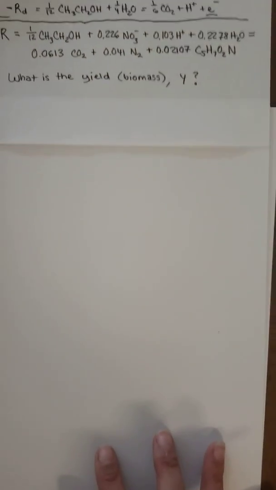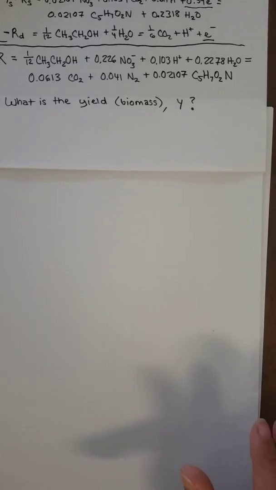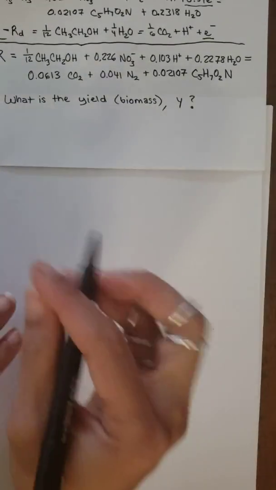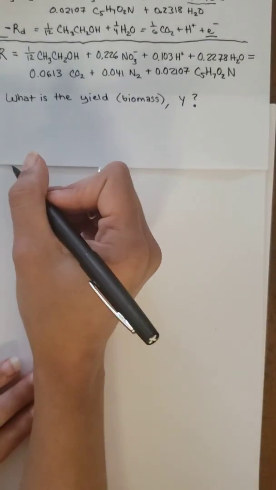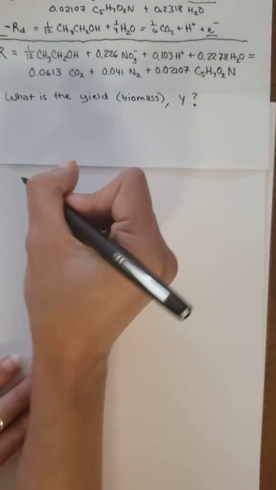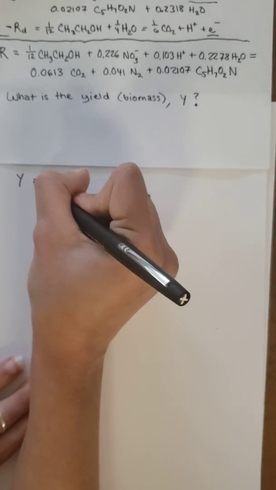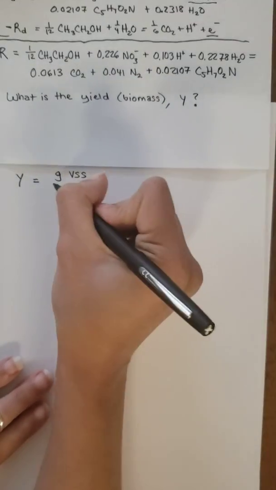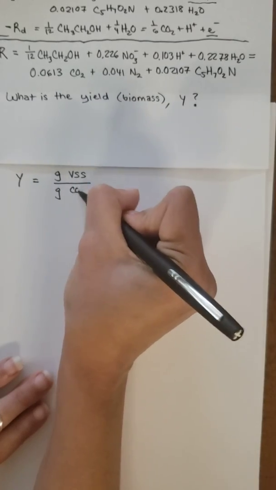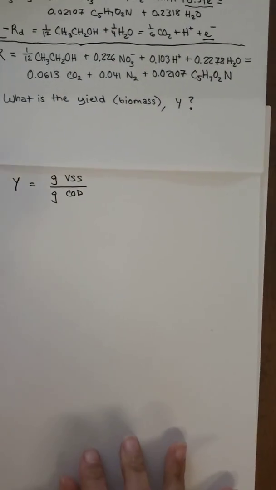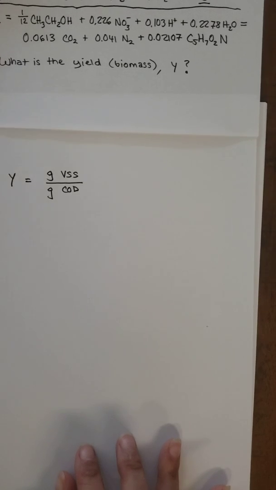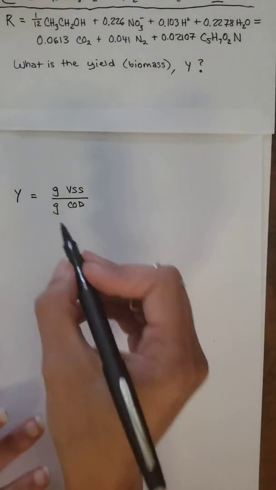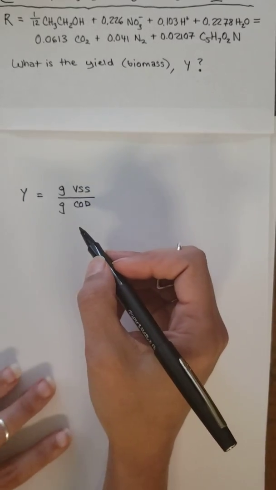So we'll move this up so we can keep the full equation in our view here. So the first thing we're going to do is look at the definition of our yield. So our yield is equal to grams VSS per gram COD, right? So this is our equation for the yield.